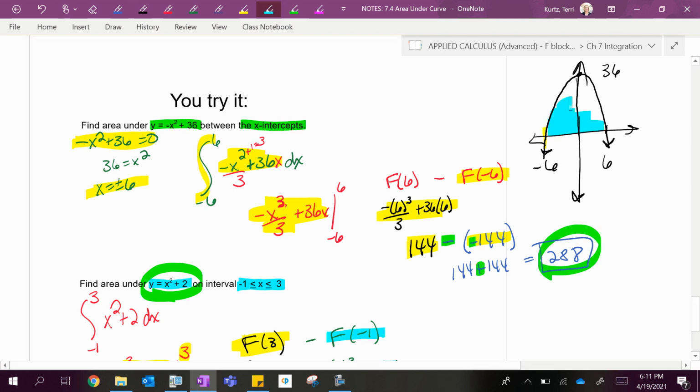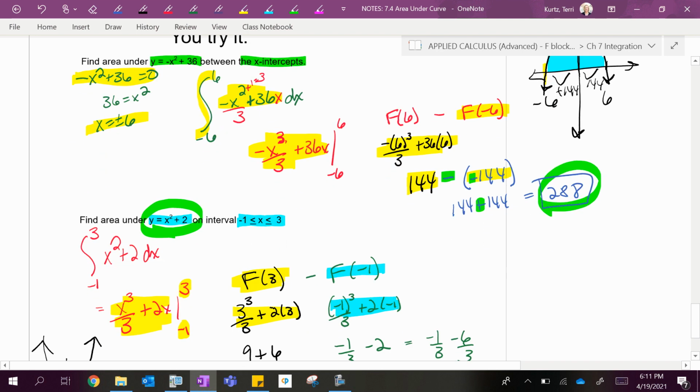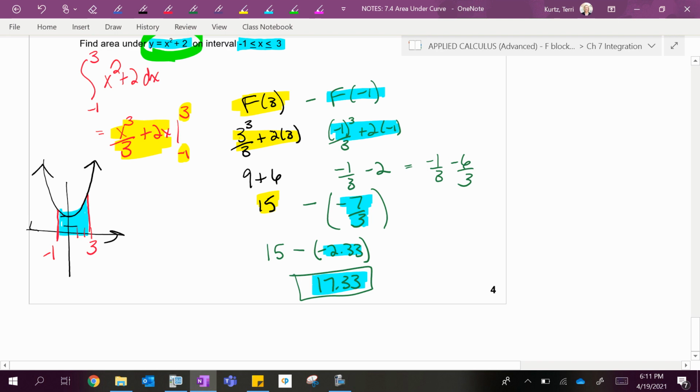You can kind of see where we ended up getting the 144 plus 144: we've got two equal areas here, and we're adding those together. So anyway, just to give a heads up as to what it looks like graphically. So what I want you guys to do is the worksheet that I'll talk about.